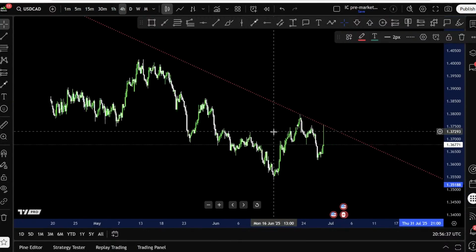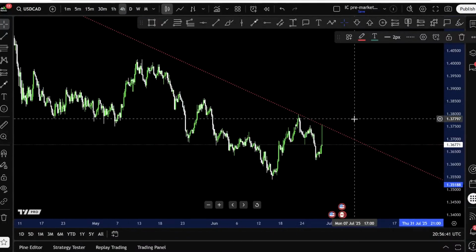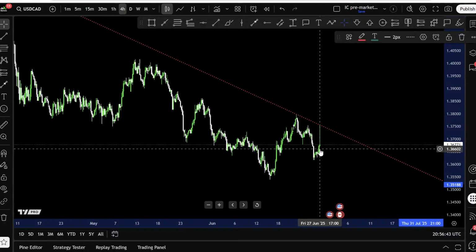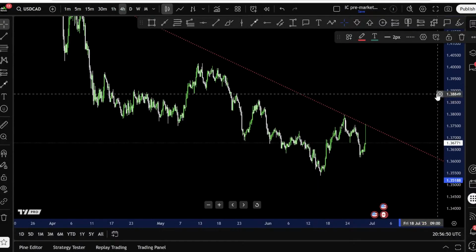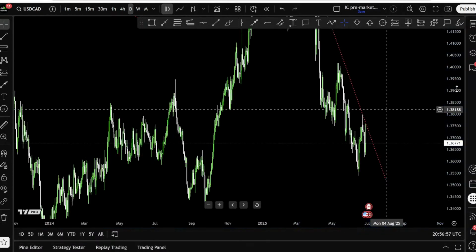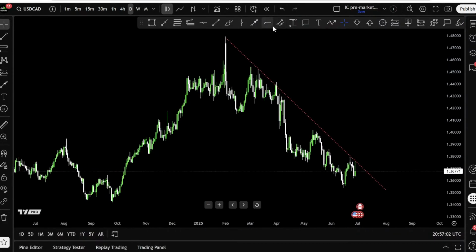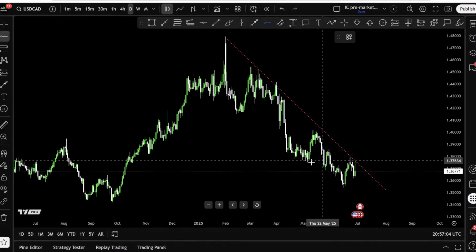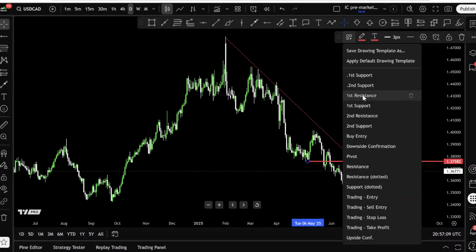Now on our 4-hour time frame, we can see there was a recent jump on Friday. But overall trend still pretty bearish, you can see. Okay, let's look at our daily time frame. My first resistance would be up here.